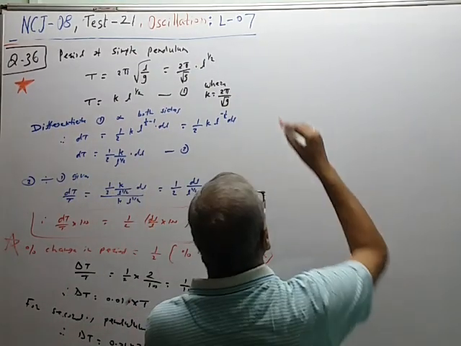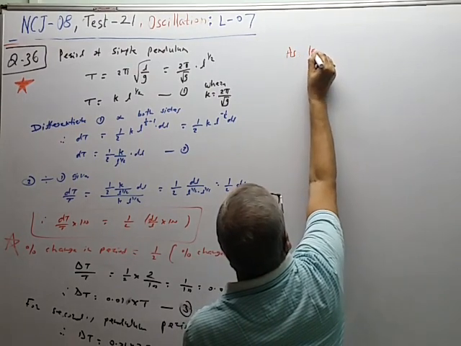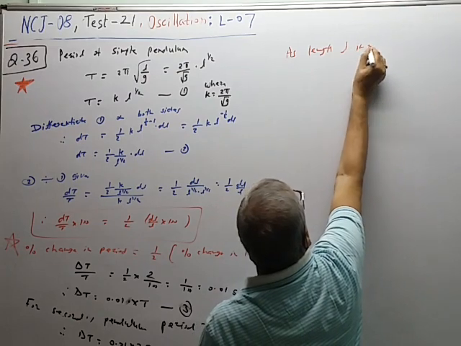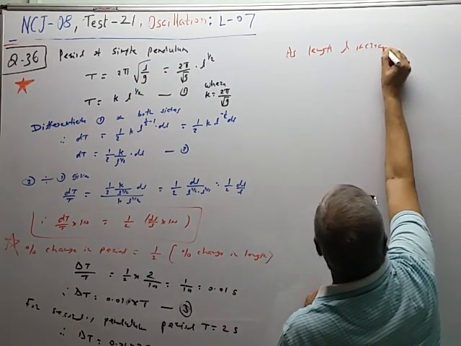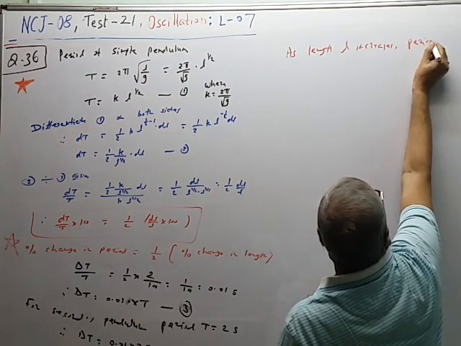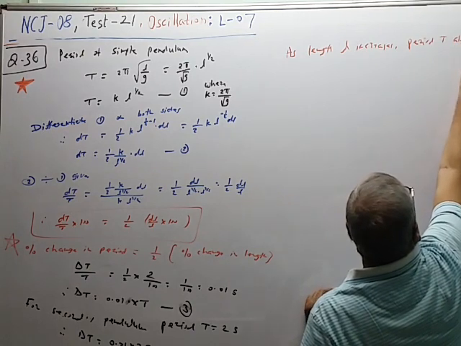So as length L increases, period capital T also increases.